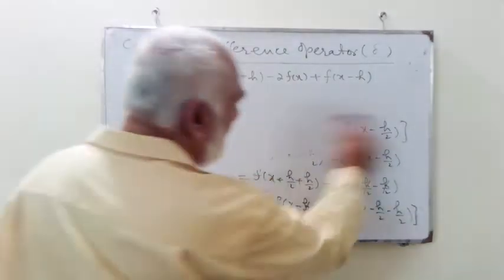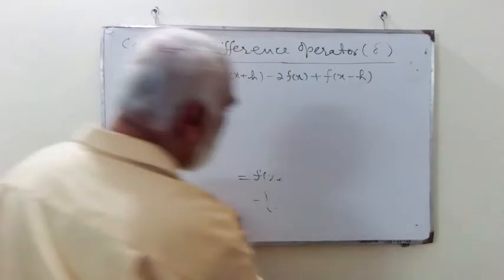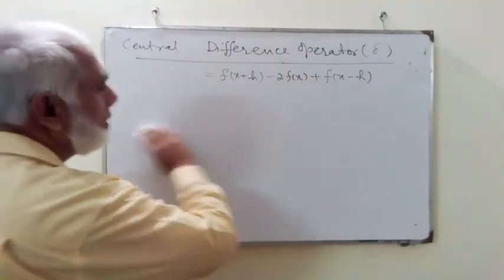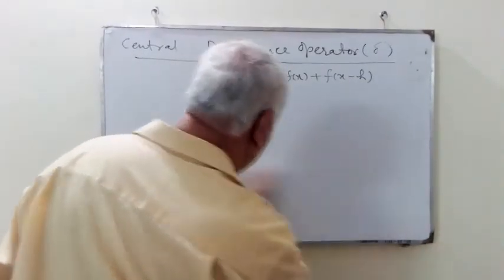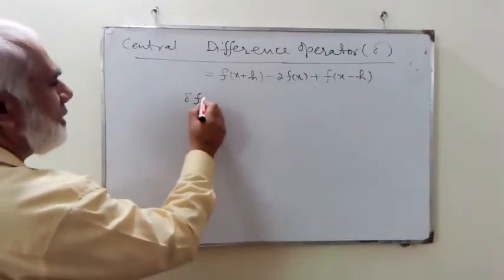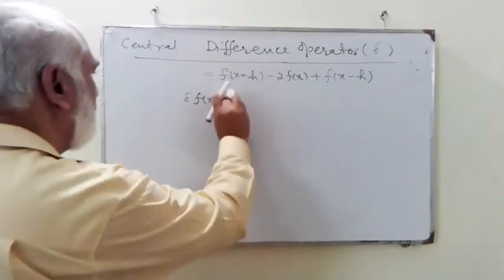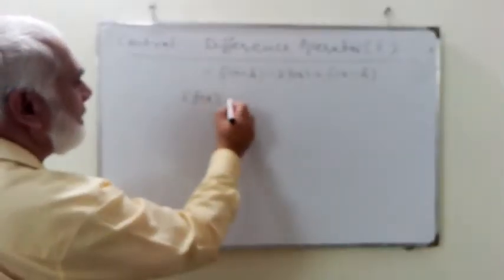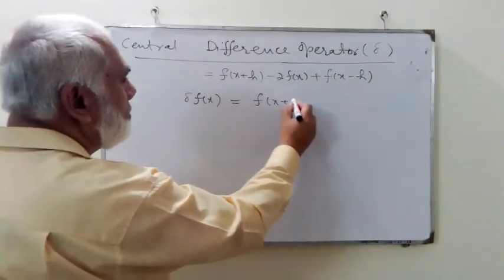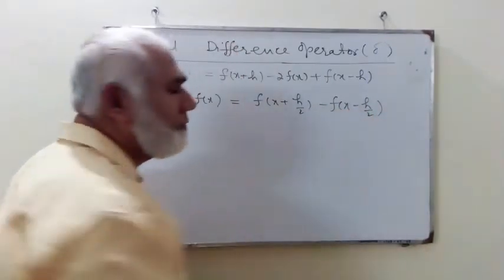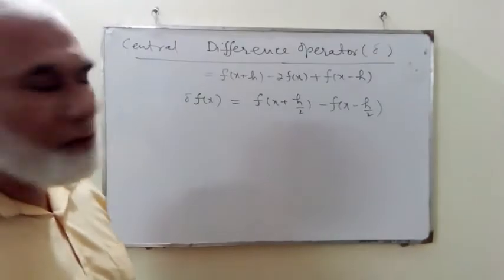On the same pattern, now we are generating a relation between the central difference operator and the shift operator. So here we construct the relation between them. We start from the definition of the central difference operator: δf(x) = f(x + h/2) − f(x − h/2). This is the definition of the central difference operator.